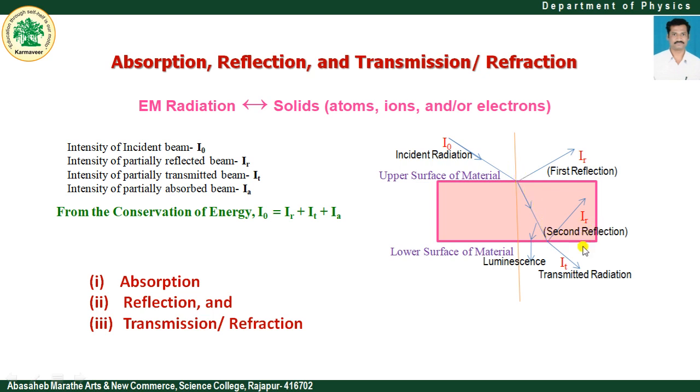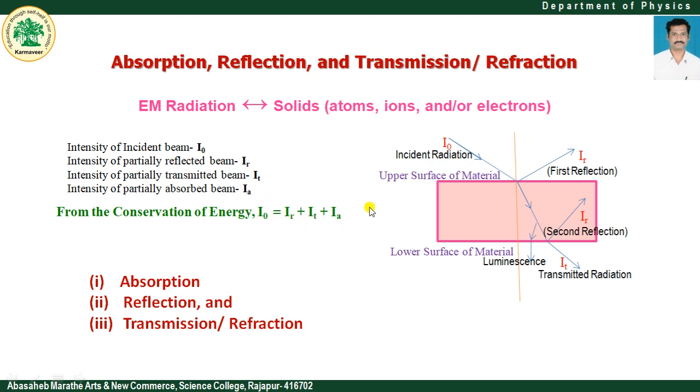Here IT is the intensity of the transmitted radiation, and it can be partially absorbed, that is with the intensity IA. Here in this figure it is not shown there. Therefore we got this expression I naught equal to IR plus IT plus IA.